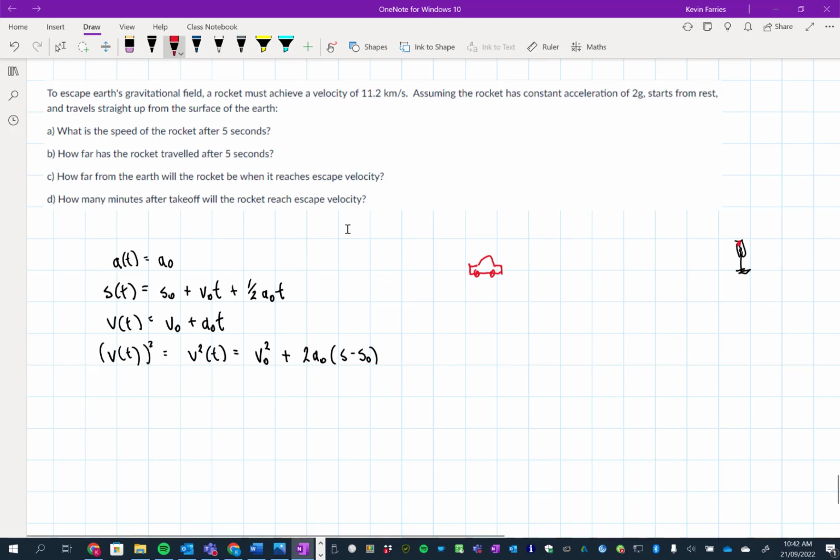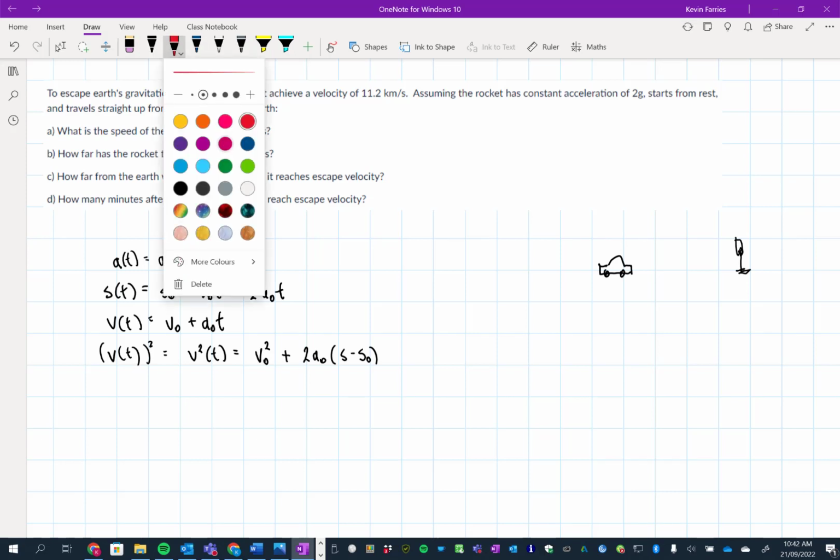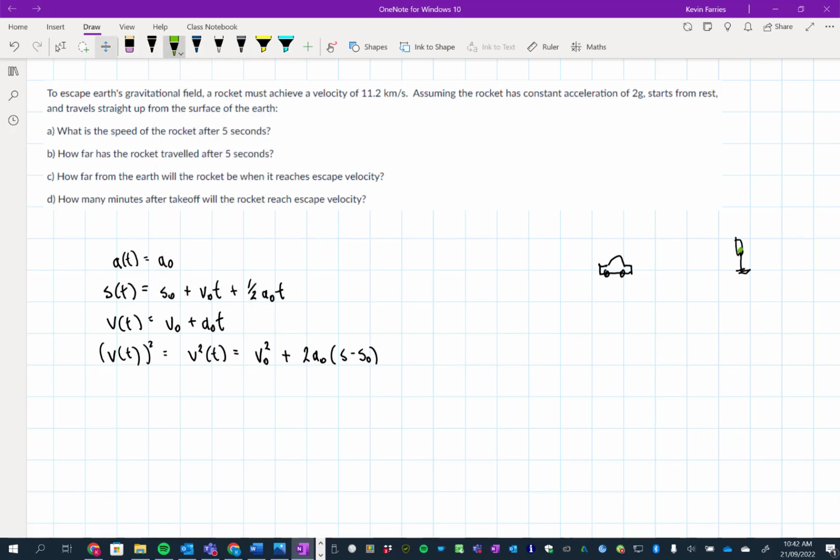Then it sees the light, so it slows down. So that would be a second stage. And then at that point, the lights turn green.